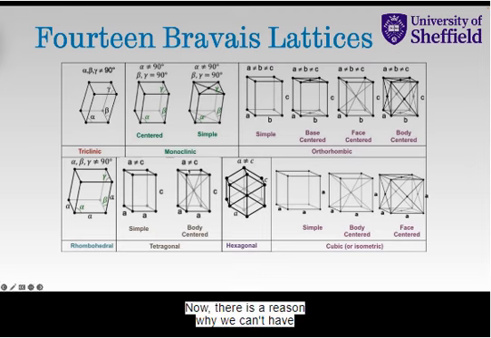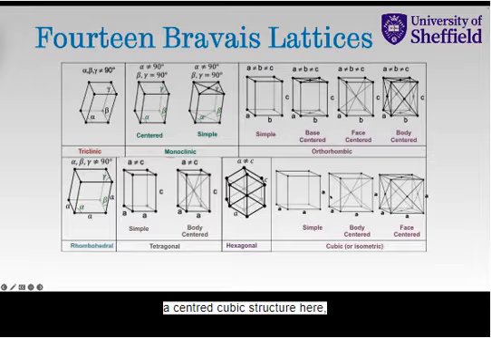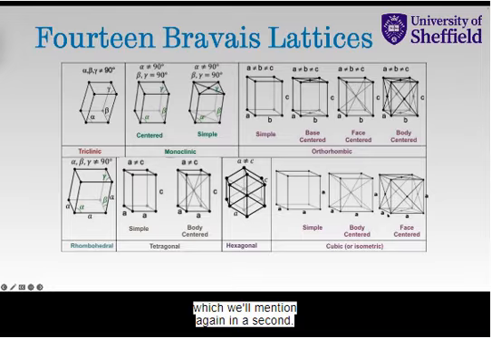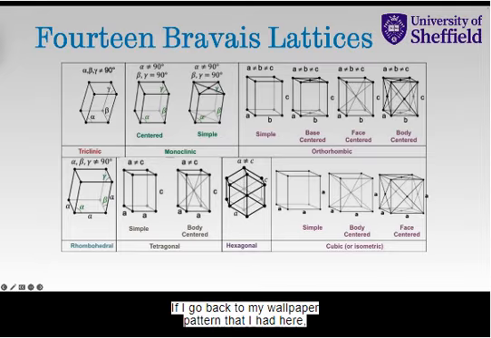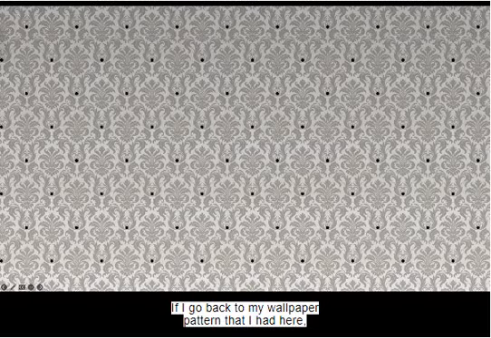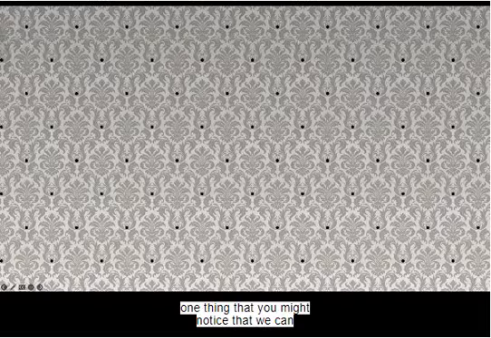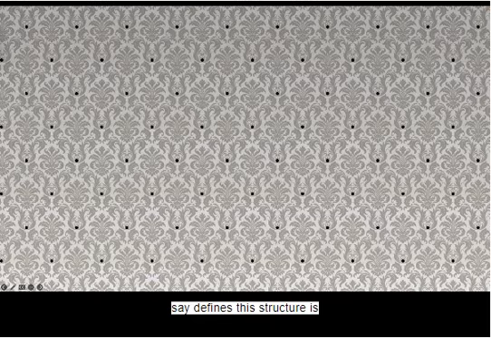Now, there is a reason why we can't have a base-centered cubic structure here, which we'll mention again in a second. But in order to consider that, we need to consider symmetry within the structures as well. If I go back to my wallpaper pattern that I had here, one thing that you might notice that we can say defines this structure is there are mirror planes within this structure.